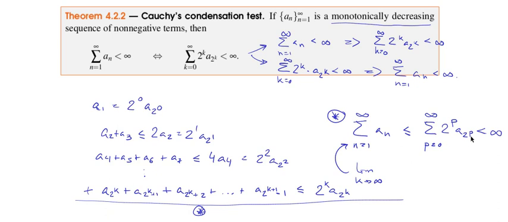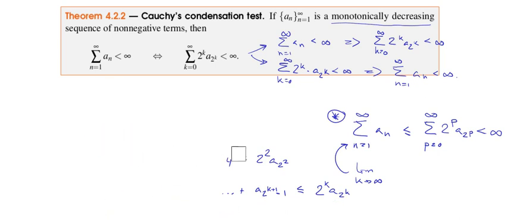And this is using the comparison test that we have just seen. So if this subsequence multiplied by 2 to the k is convergent, then we know that this original series is convergent, okay?